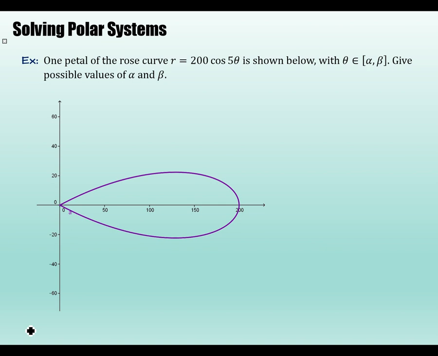If you were to try to get this picture on your calculator, you put this in R1, then for theta min and theta max, what would you make it be, and how would you figure it out? Everyone think about that for a second before you answer. I know I'm asking it in a weird way, but that's what I'm asking.